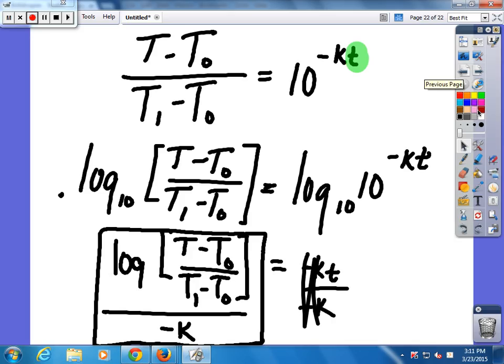Let me ask you a question. How much of the solving is logarithmic rules, in a percentage? 10%. What's the rest of it? Algebra.